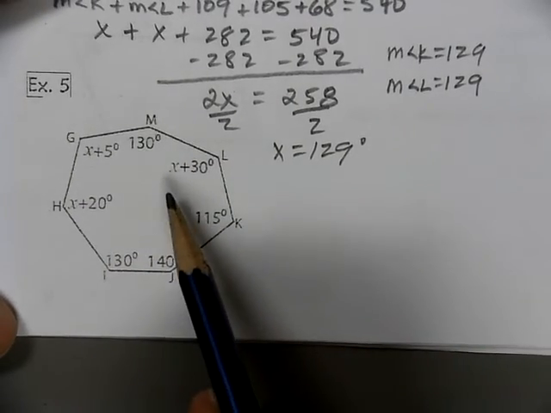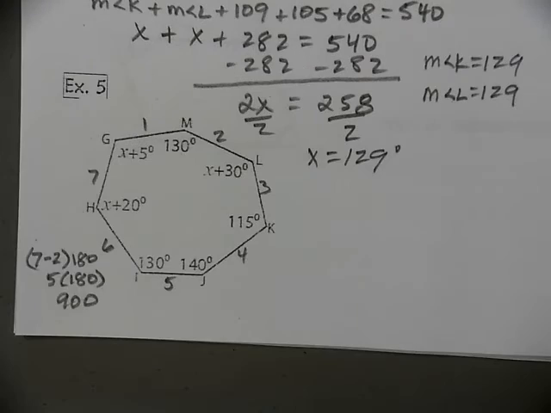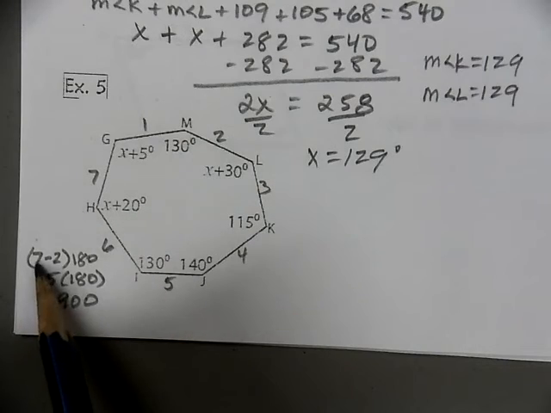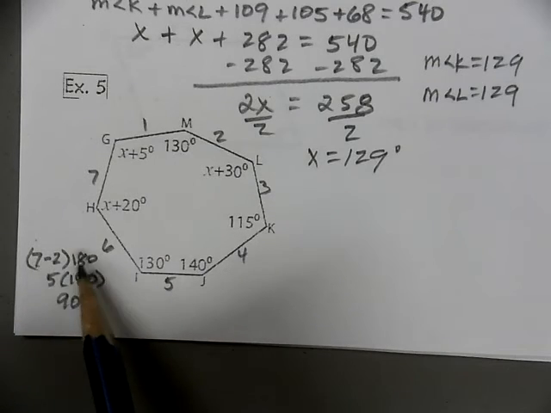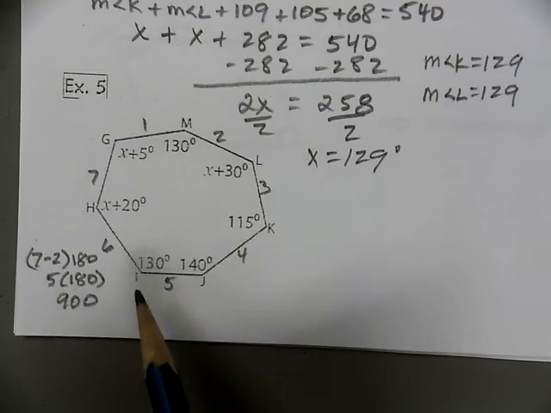Okay. So you go ahead, you work on this one, pause the video, and then come back to figure out how it goes. Alright, I have added up the number of sides that we have. So those 7 sides, that's a heptagon, minus 2 times 180 gives us 900. So the total sum should be 900.